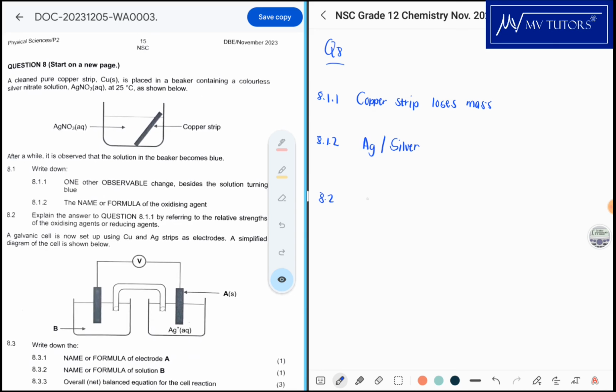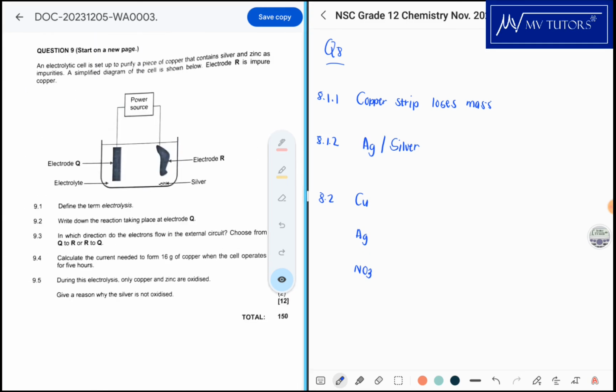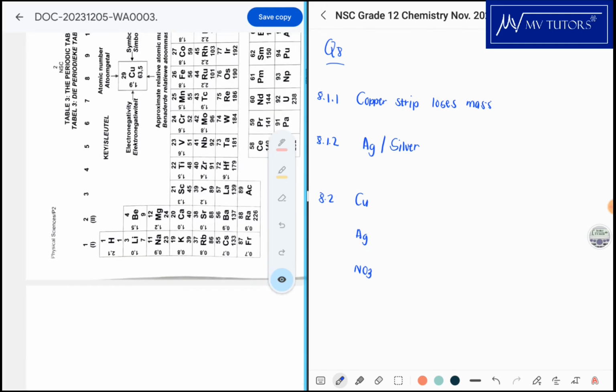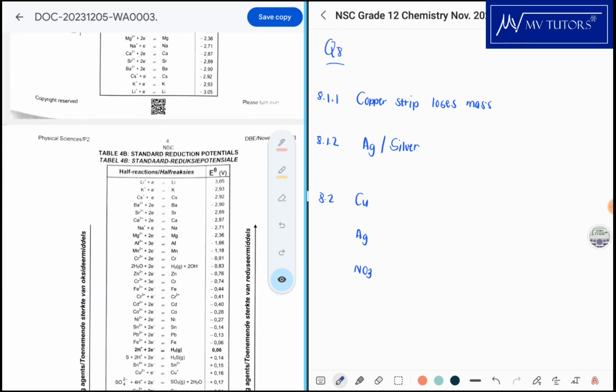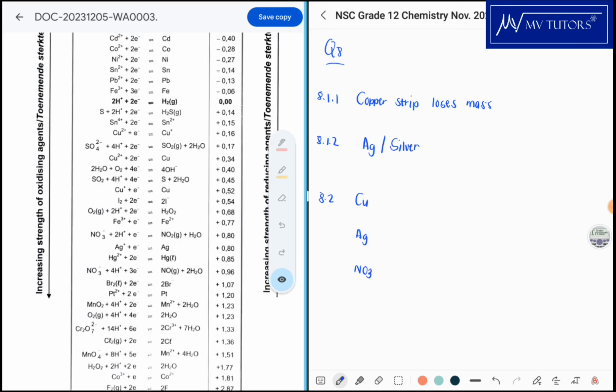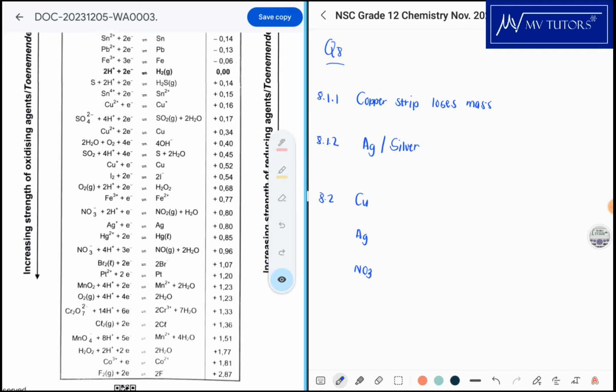Okay, so I'm going to look again at copper, at silver, at the nitrate. Let's just go to table 4B. I know you guys are comfortable with 4B, not so much 4A. For me, it doesn't really matter, but let's stick to what you're comfortable with.